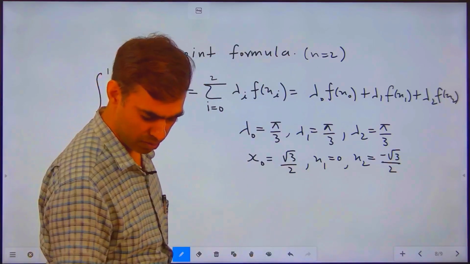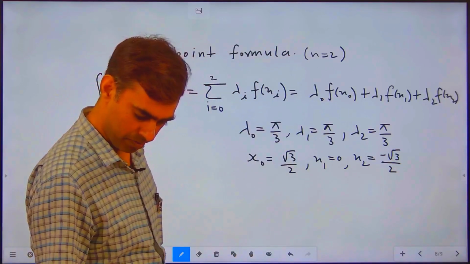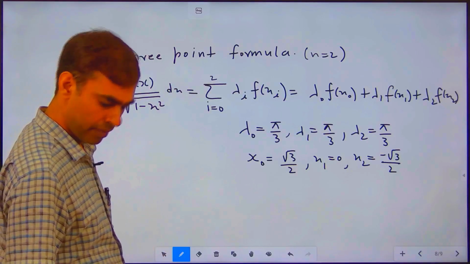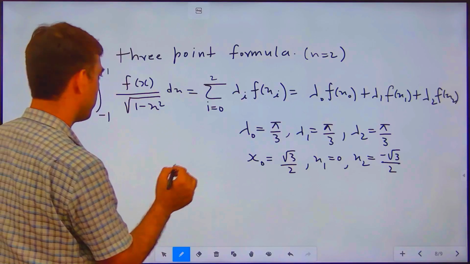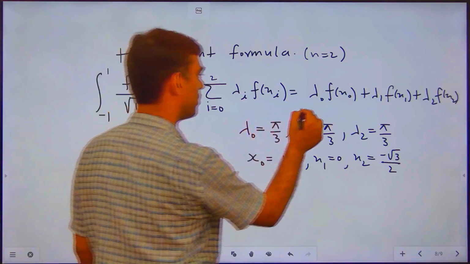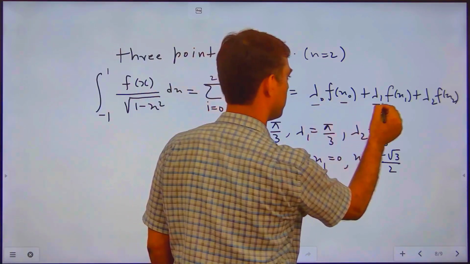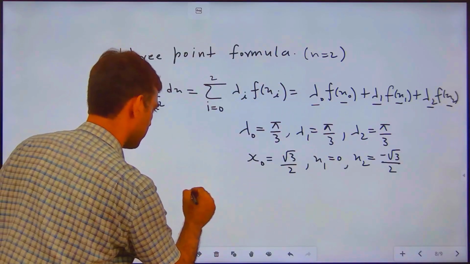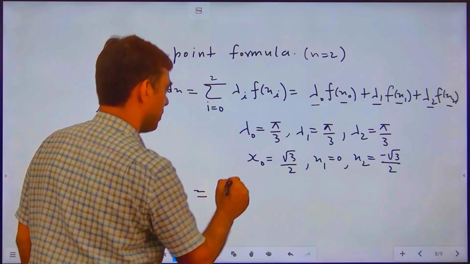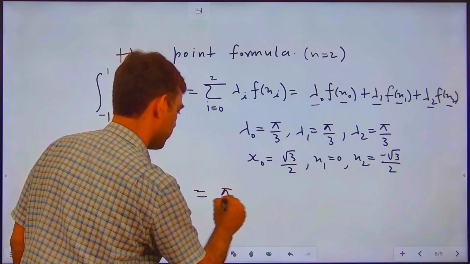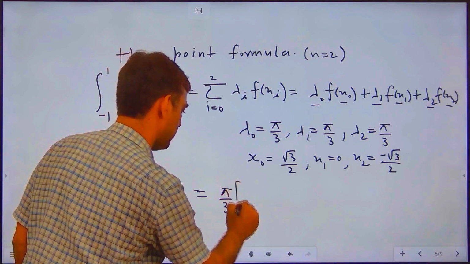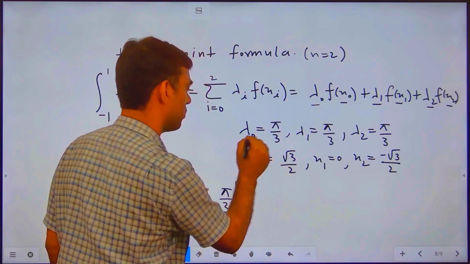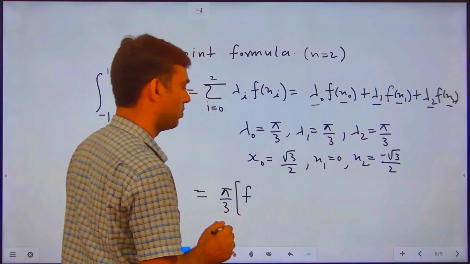Once we verify this, it is correct. Now if we put in the values of lambda 0, x0, lambda 1, x1, lambda 2, x2, then what is the formula? The formula becomes pi by 3 outside, because the values of lambda 0, lambda 1, lambda 2 are the same.